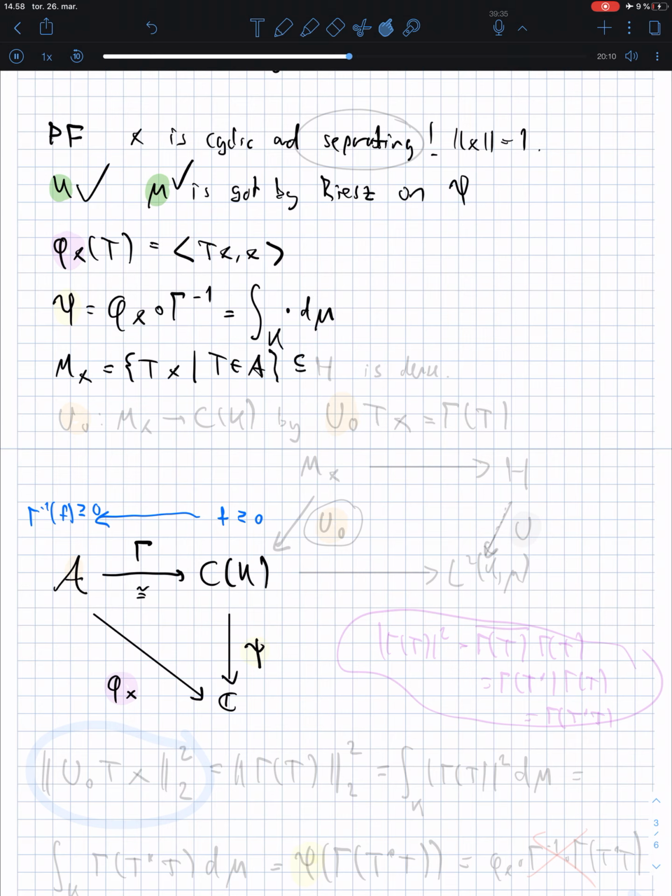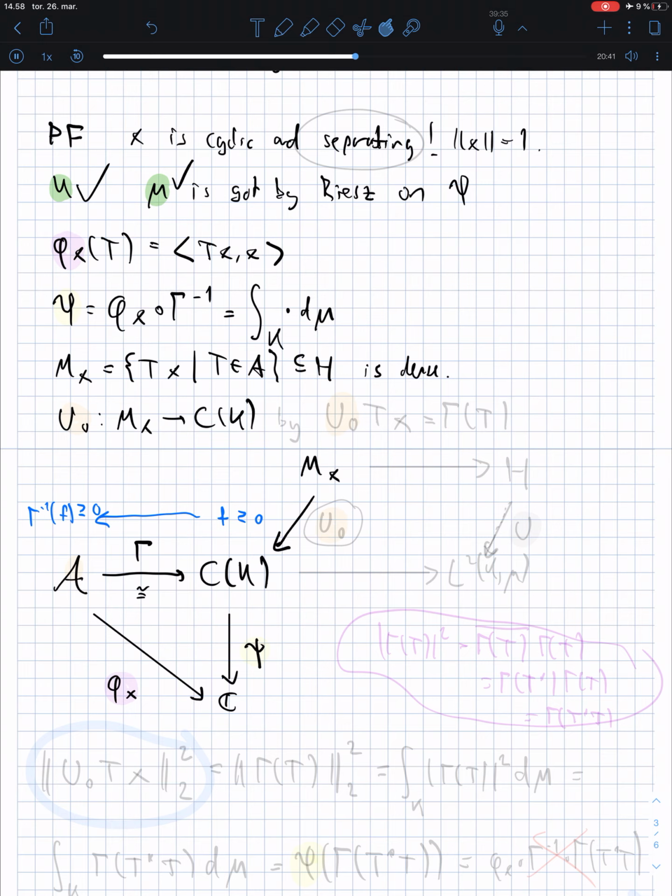Right? So this is something that lives inside H, and it is dense because we have assumed that x is a cyclic vector. Right? So what I have here is mx, and I'm going to define now a map which I will call u naught, that goes from mx to C of k.